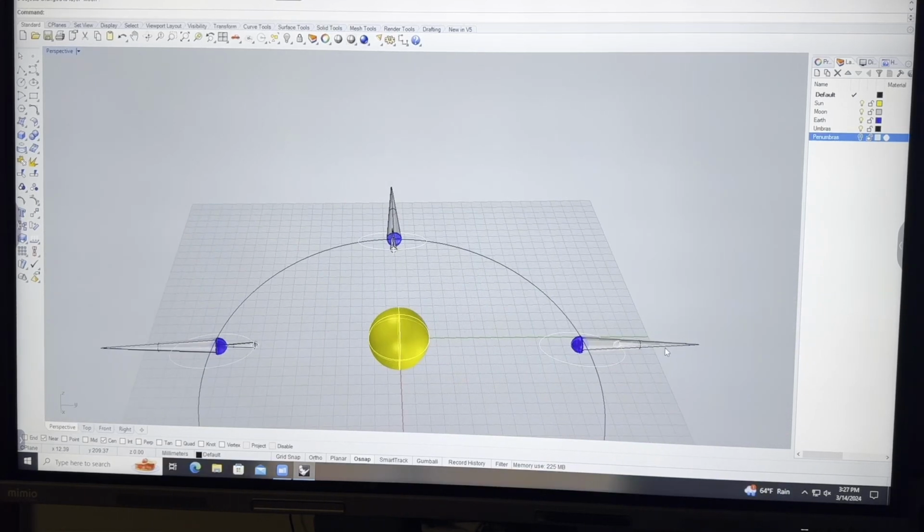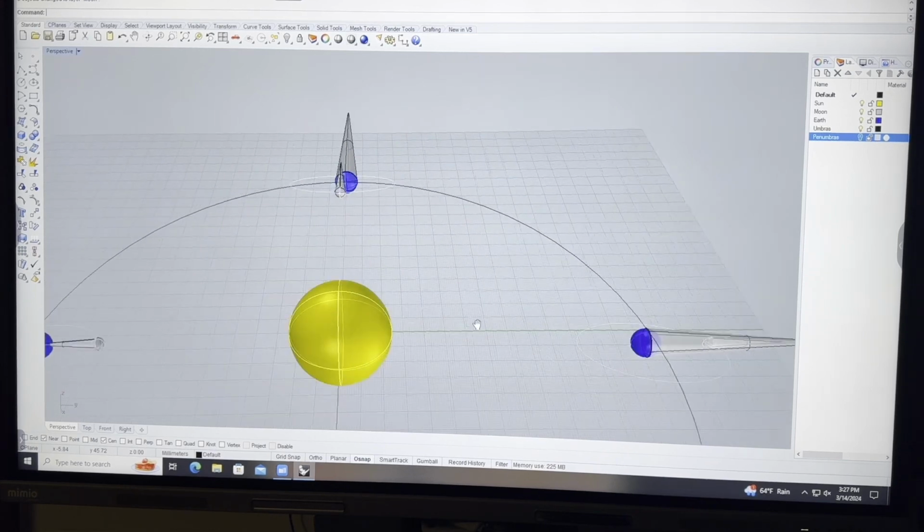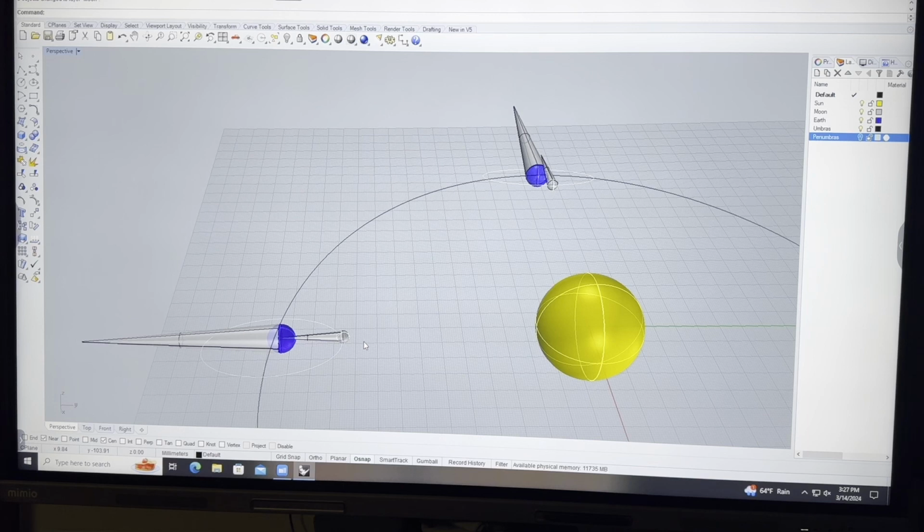So this model right here is showing a lunar eclipse, when you have the sun, the Earth, and the moon inside of the Earth's shadow. Or what we will be experiencing is a solar eclipse, where the moon is going to be eclipsing or hiding the sun.